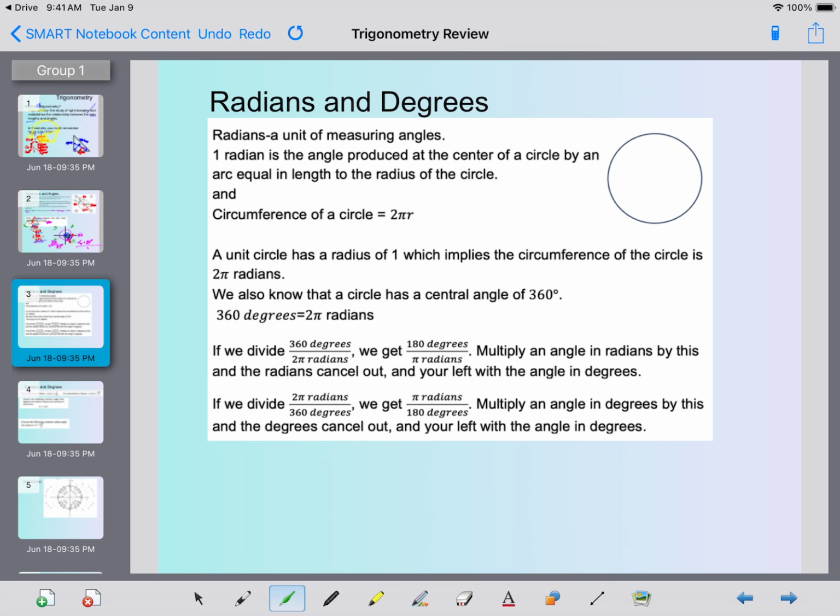So, for example, the center is about here. This is your radius. If we were able to take that same length and go around the circle with it, that would be 1 radian, right? 1 radian is about 57 degrees, so that's what that would look like.